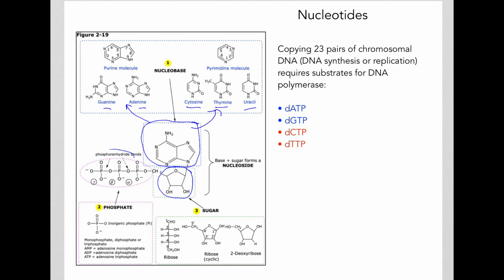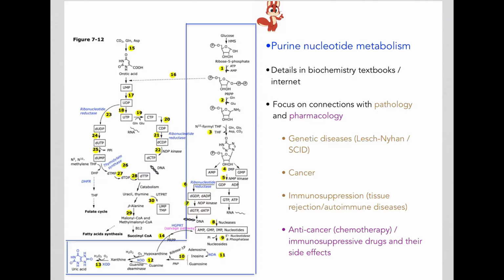And then we have the phosphate groups, the three phosphate groups. So copying DNA by DNA polymerase will need deoxy-ATP, deoxy-GTP, deoxy-CTP, deoxy-TTP. So we'll look at how these two, the purine nucleotides, are synthesized in this video. And then in the next video, we'll look at how these two, the pyrimidine nucleotides, are synthesized.